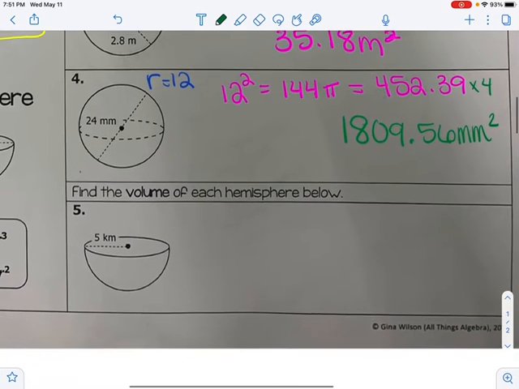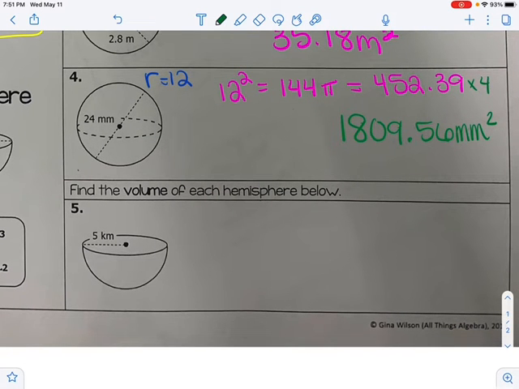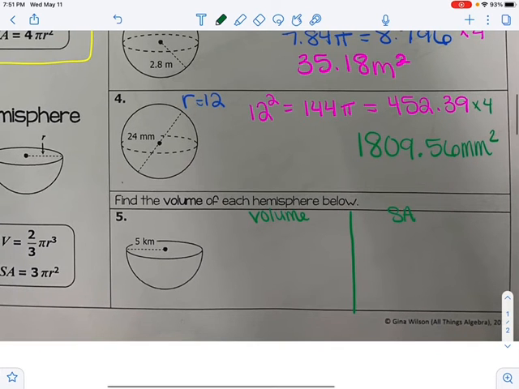Number 5 is a hemisphere. And what I'm going to do is draw a line in the middle of it because we're going to do both volume and surface area on here. I want you to try both. Again, to do either, first things first, make sure you know that your radius in this case is 5. Most importantly, the formulas are very similar to a sphere.